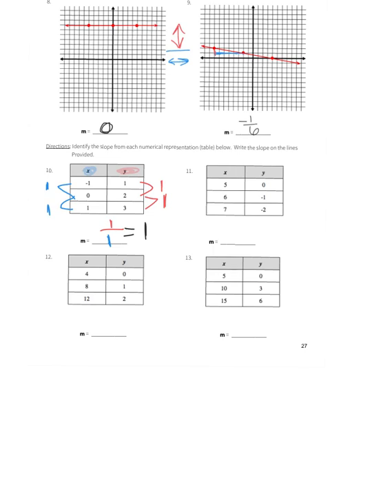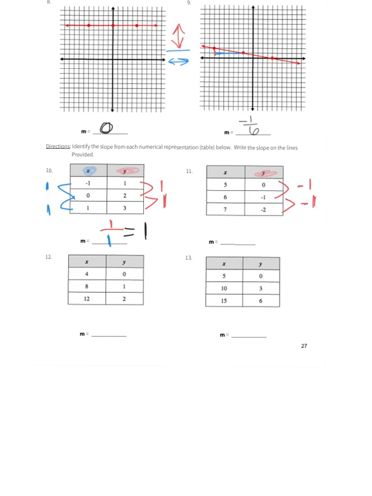All right, hopefully you tried 11 on your own, and we know that our y is on top. We find the change in y, -2 minus -1. We start with this one. -2 minus -1 is a difference of -1. And -1 minus 0 is a difference of -1.